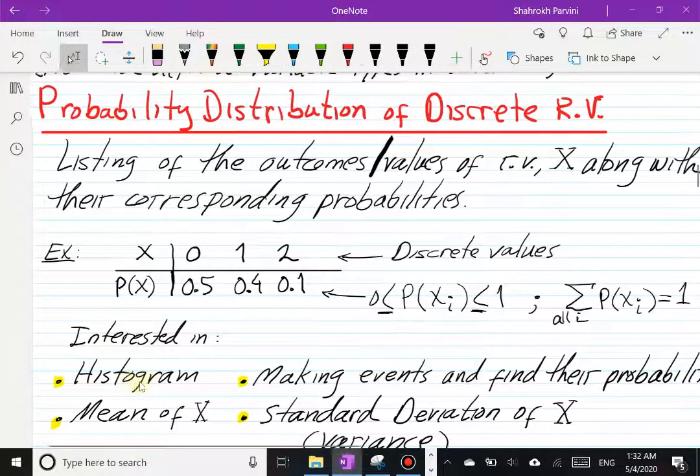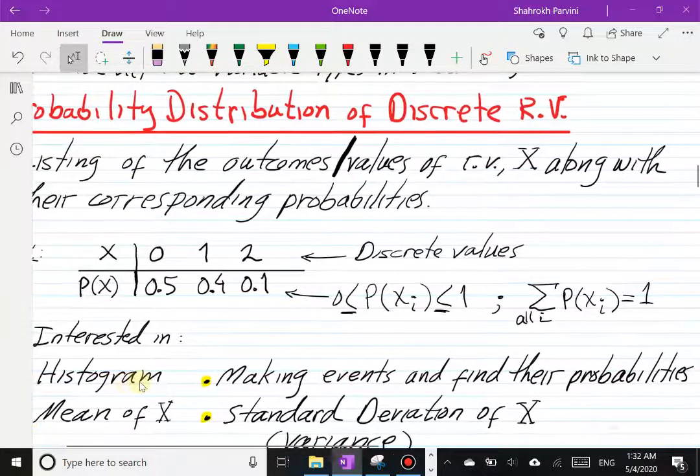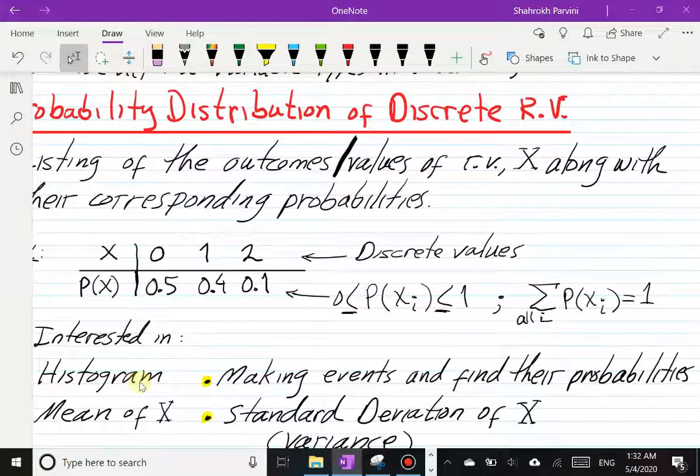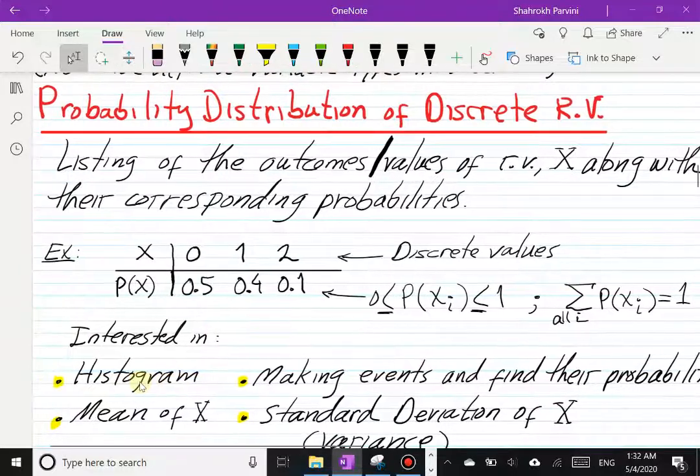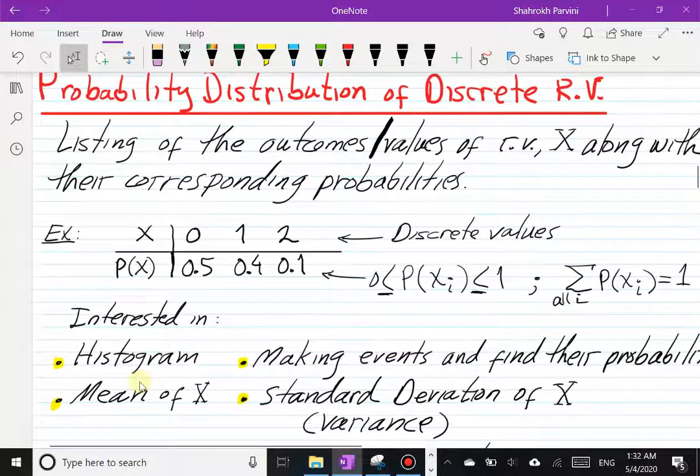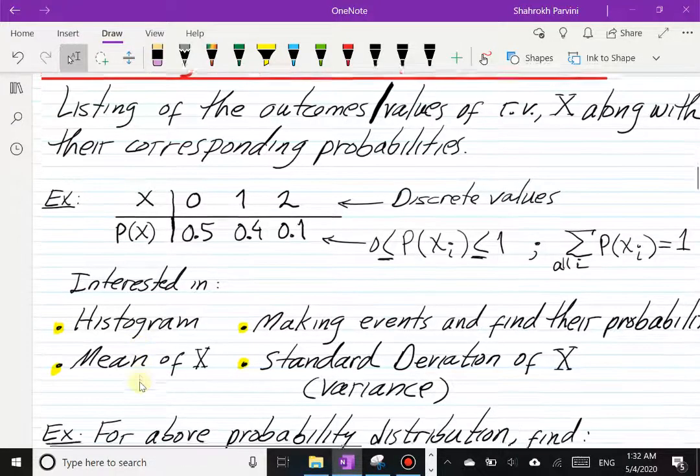Then we may be interested in making up some events and finding their probabilities, which I'll do in a minute. And the other 2 things are usually the mean, or average, of random variable X and the standard deviation of random variable X.